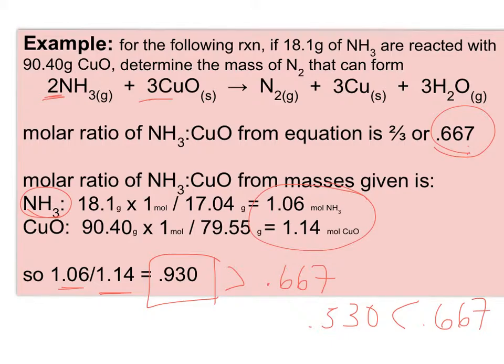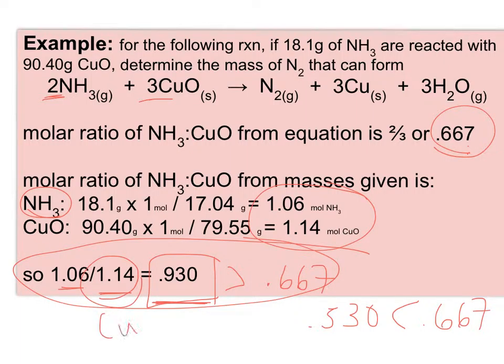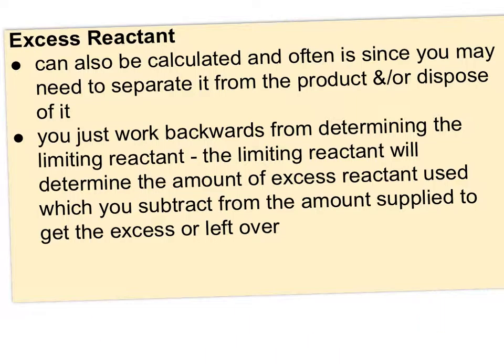So it's letting me know my numerator is the limiting reactant, my denominator is the excess reactant. But again, back to what we found, that 0.993 is greater, the ratio is greater, so the numerator is greater than it needs to be, or an excess, and the denominator, in this case CuO, is my limiting reactant. So you're going to come up with the same answer either way.